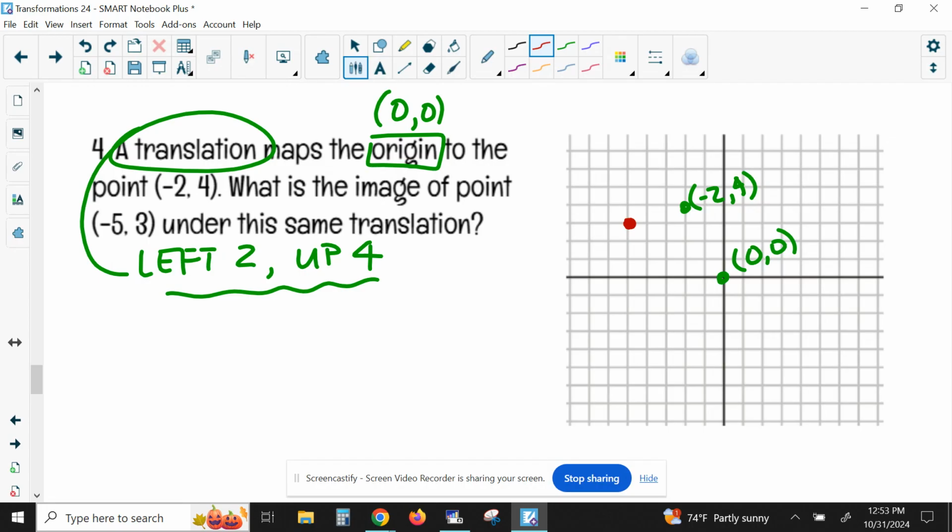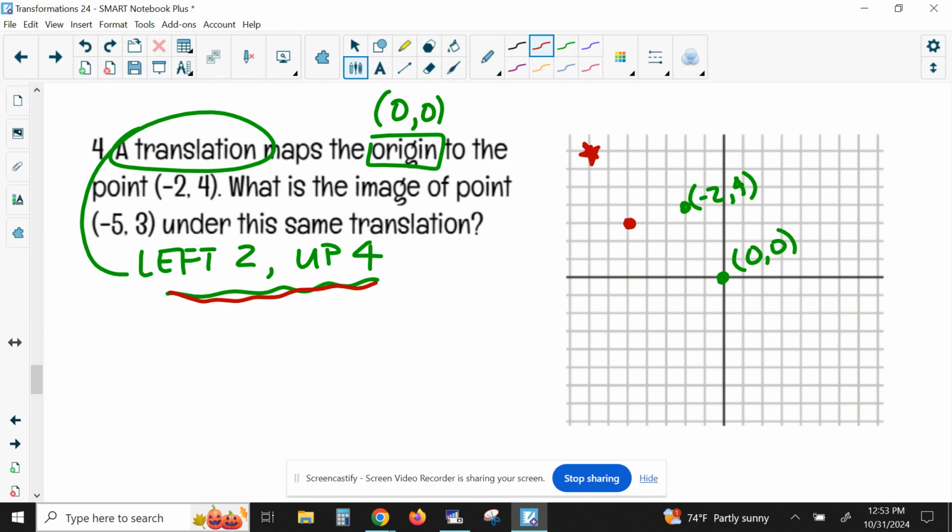I need him to do the exact same thing, so my red guy has to move left 2 and up 4. So take this guy and move him left 2 and up 4, and he ends up here.